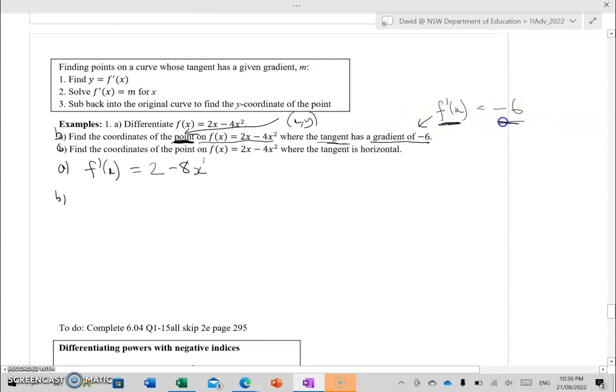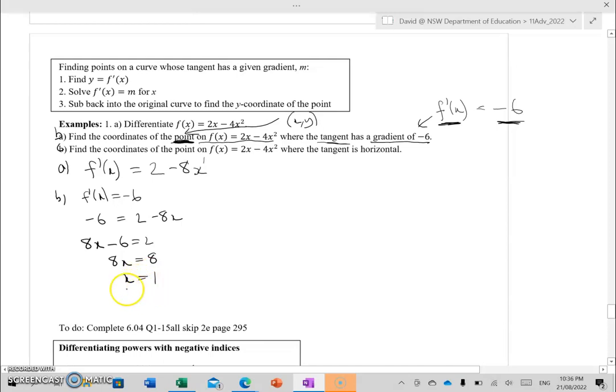Gradient of the tangent is equal to negative 6. So what we're going to do for B is set f dash x to be negative 6. So I'm going to put negative 6 on the left here. We've got an equation that we can solve. Let's bring the negative 8x over the other side. It'll be positive 8x. Okay, let's add 6. And that'll be 8. Divide by 8. That'll be x equals 1.